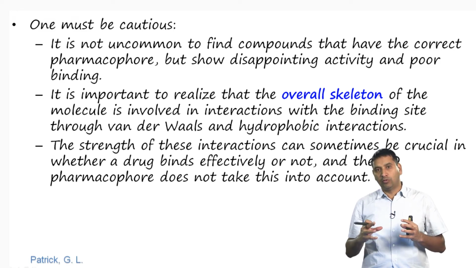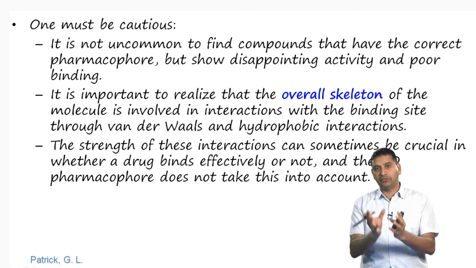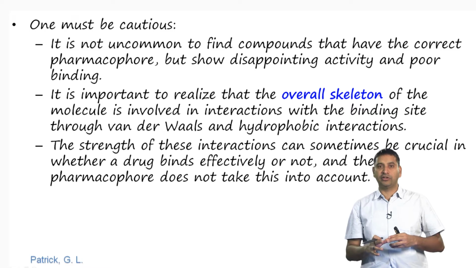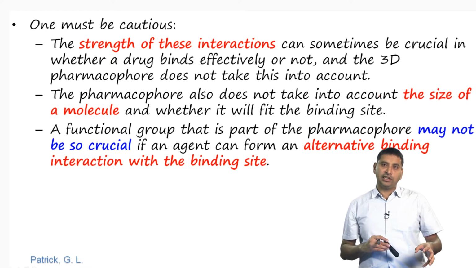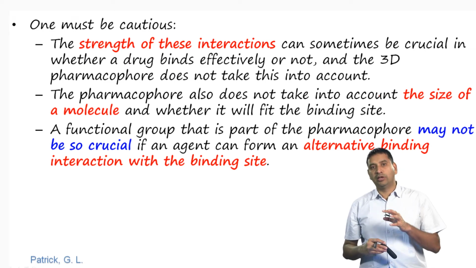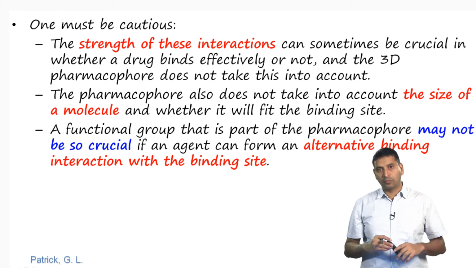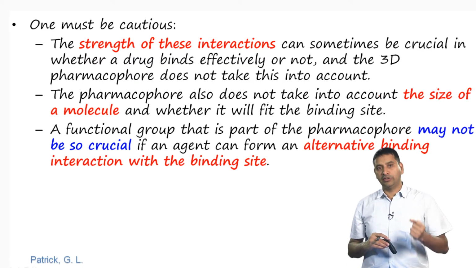The 3D pharmacophore will not take this into account, because we are trying to minimize the variables when constructing it. So, the strength of the interactions, which is very crucial, is not taken into account. The pharmacophore also does not take into account the size of the molecule and whether it will fit into the binding site.